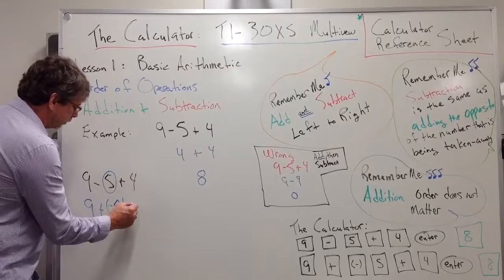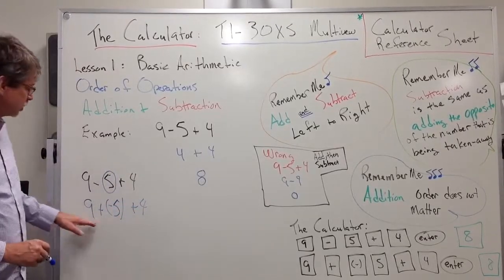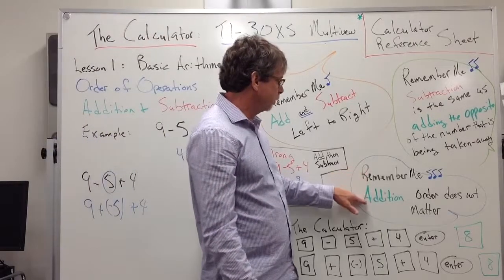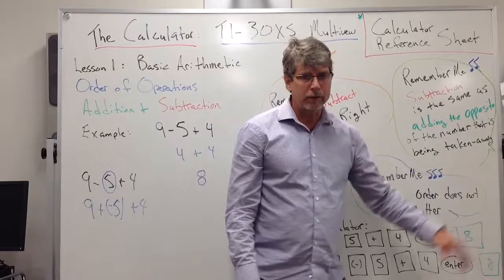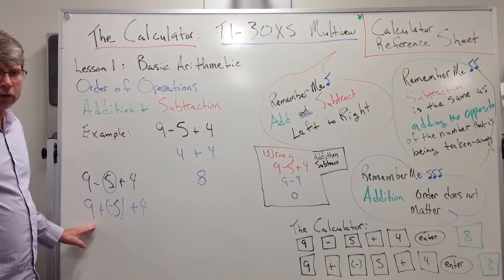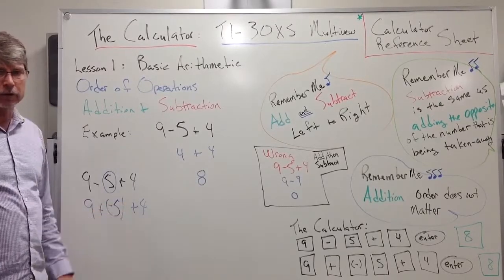And then we add this 4 into the problem. What's nice is, if I change it to a pure addition problem, you need to remember that with addition, order does not matter. Also, I now moved it up a level. Now we're doing more of a pre-algebra concept. We're working with positive and negative numbers.